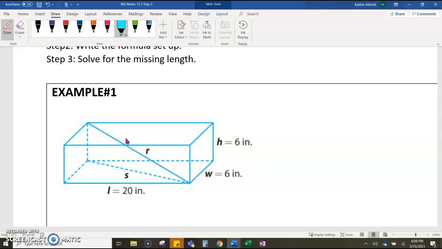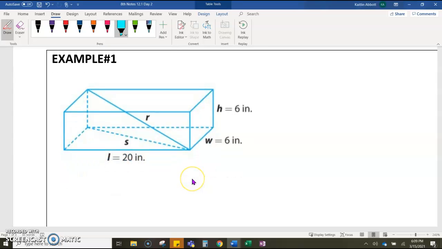Maybe you're trying to buy a lightsaber, and it had to fit diagonally because the longest, biggest space you can get is a diagonal in a box. So this is how you can fit something bigger than just going straight across. So the lightsaber's in the box. We need to figure out how big of a lightsaber we can buy to fit in this box.